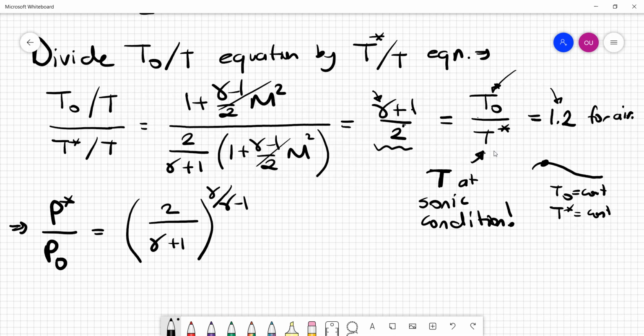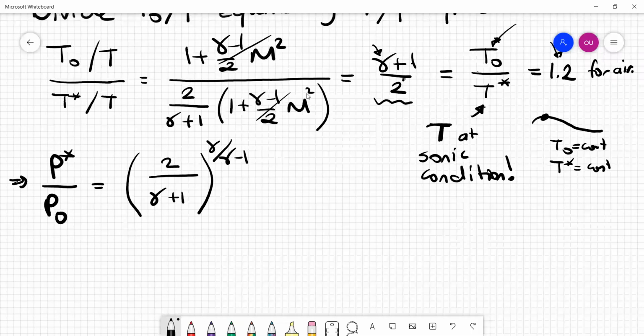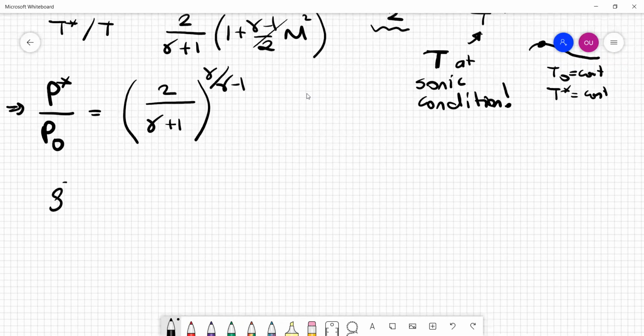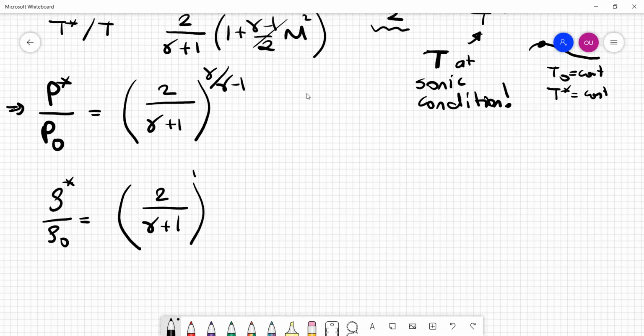Similarly, we have the relation for density at sonic condition, rho star over rho 0, the ratio to the stagnation density: 2 over gamma plus 1 to the power 1 over gamma minus 1, again through the isentropic relation.